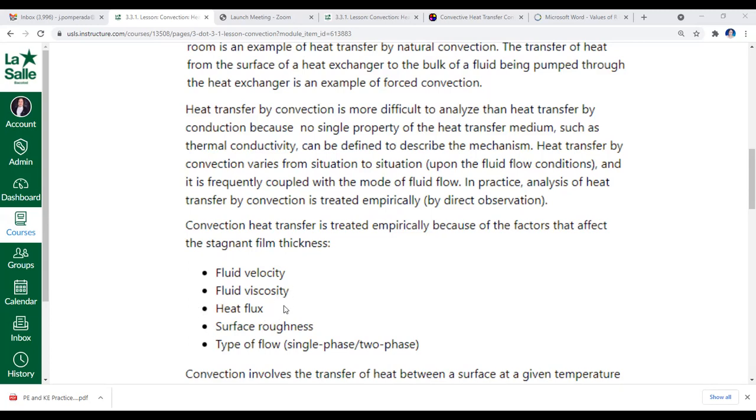Then we have the heat flux. Then we have how rough the surface is against or adjacent to which the fluid is flowing, and the type of flow, whether it's single phase or two phase. In our class, we classify the flow based on the formulas that we are using as either laminar or turbulent. Once we have classified it properly, then that's the time that we substitute the appropriate h into our formula for convective heat transfer.